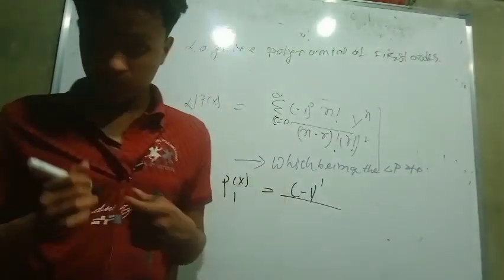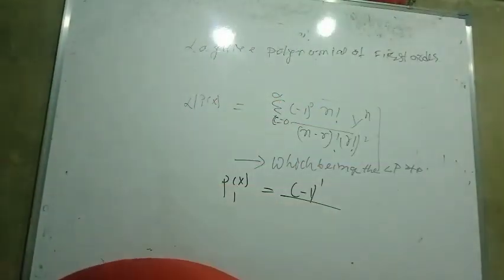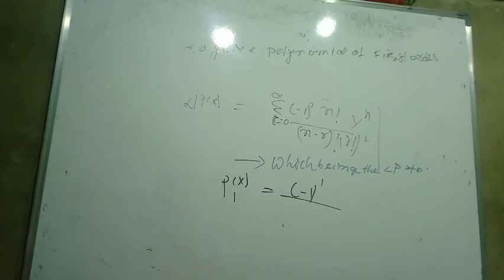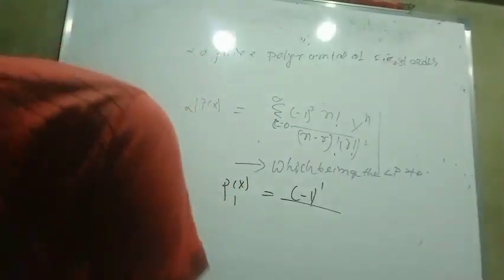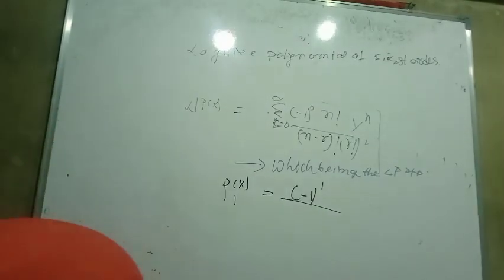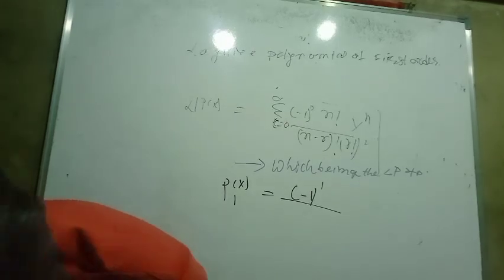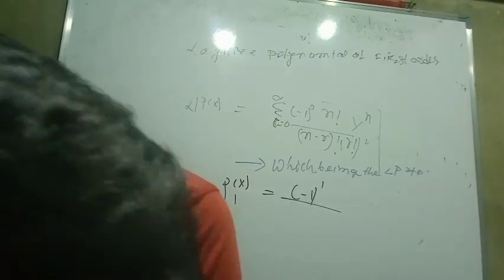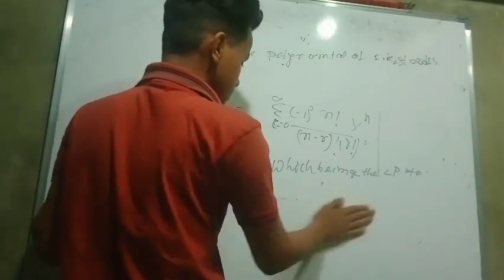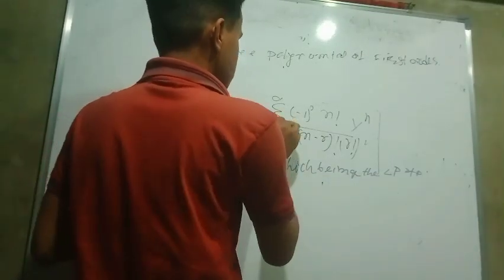We will come later in this. So we have C_n, C naught.